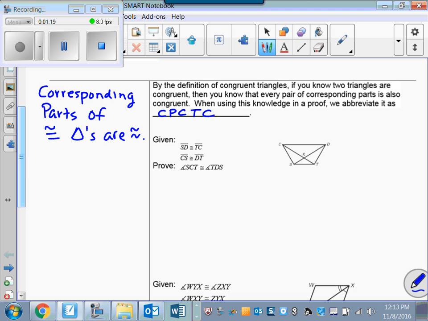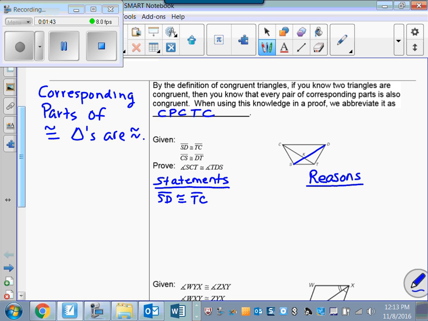So let's just see how that works. We've got a proof here, we've got statements, got our reasons, and let's see what we know. We know that SD, so that's this side here, SD is congruent to TC.